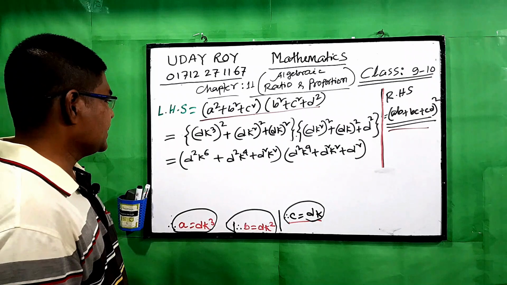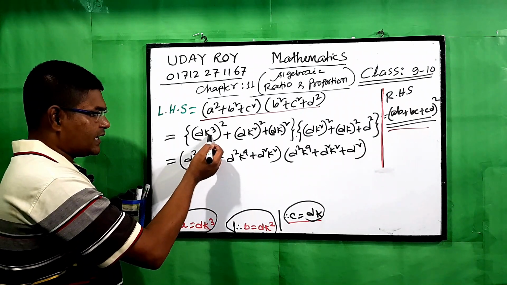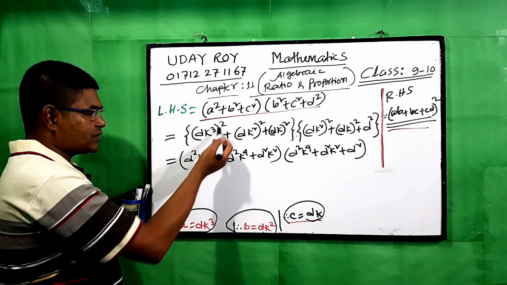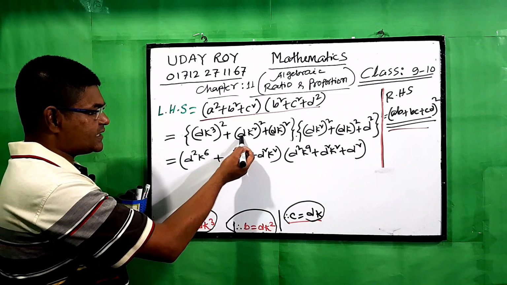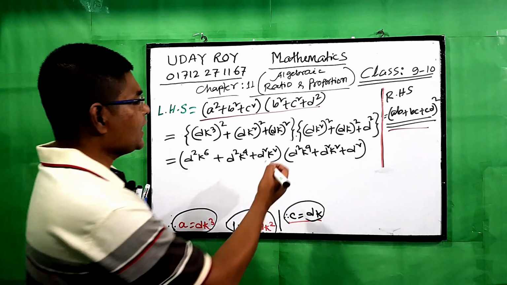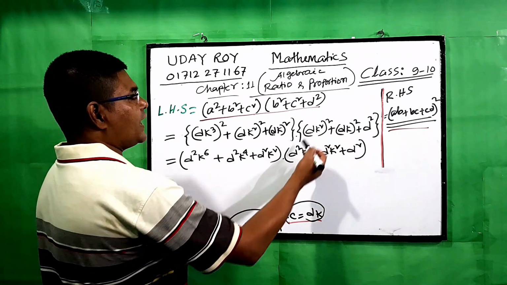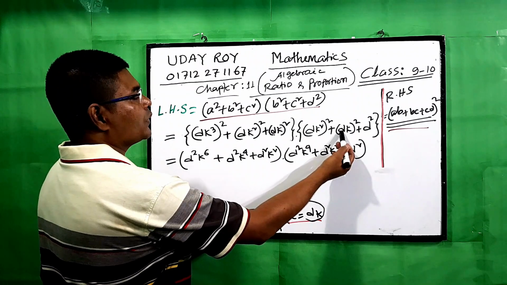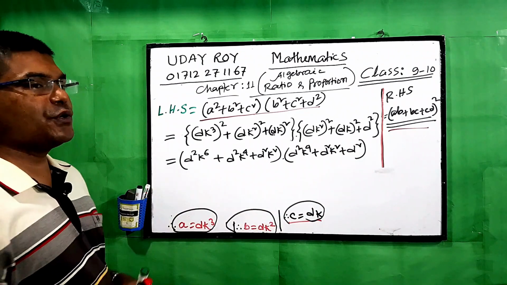Writing completed. Now here is square, so we can write d square k cube into 2, that is d square k⁶ plus d square k⁴ plus d square k square. Here is into d square k⁴ plus d square k square plus d square. Now we have to take common.